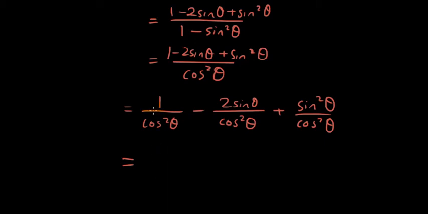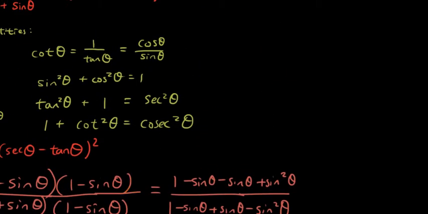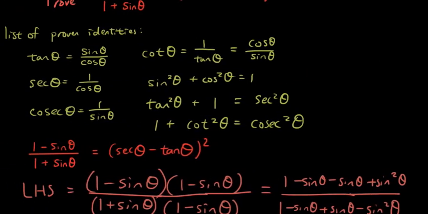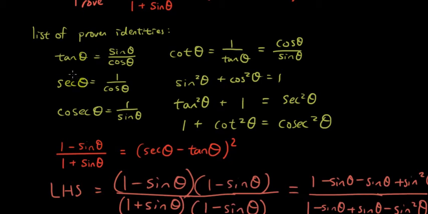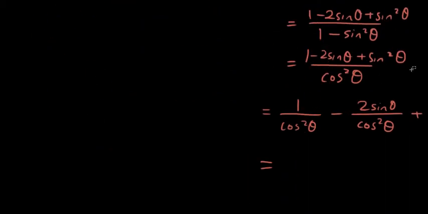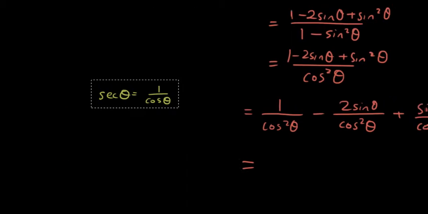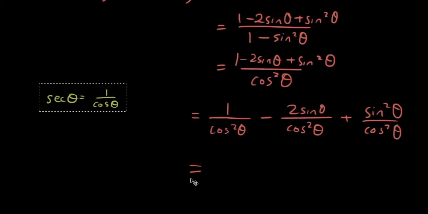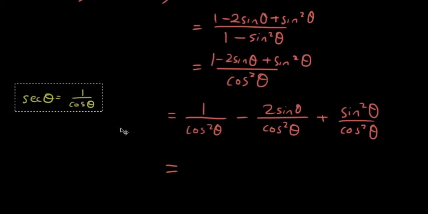So 1 over cos square theta, well, which identity can we use for that? Well, have a look at this one here. I'm going to copy that identity so you can see it. So I have sec theta equals 1 over cos theta.